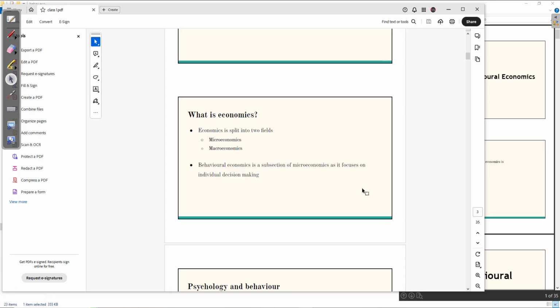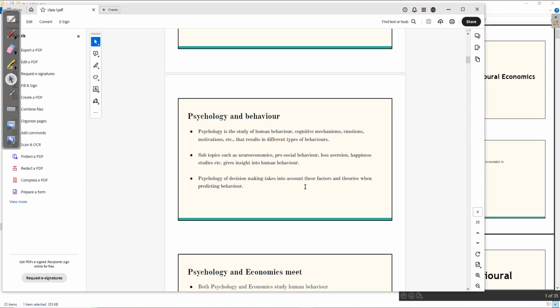Macroeconomics is the study of the whole economy, the whole country, the national income and all those terms. Behavioral economics is a subsection of microeconomics as it focuses on individual decision making. So we are talking about individual decision making in behavioral economics, and this is what it studies.